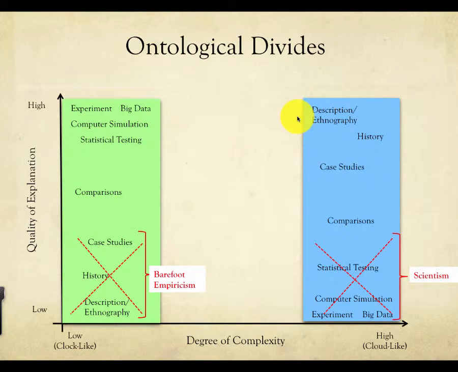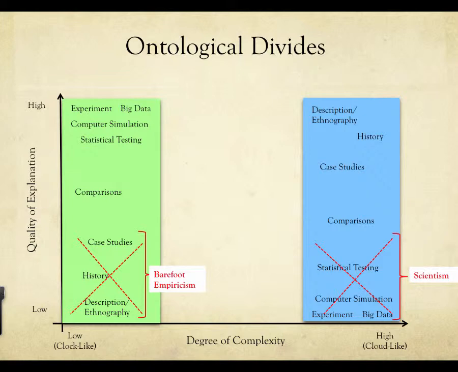And then the third challenge to explaining are these deep-seated ontological divides that we find in the social sciences. Now, you may recall that some people think that the social world works like a clock. It works essentially the same way the natural world works.